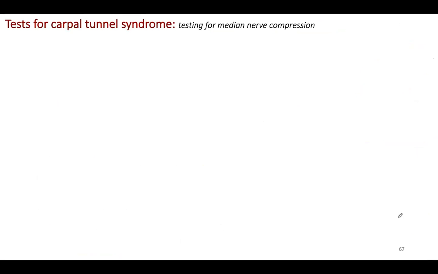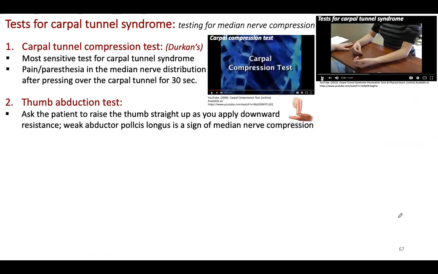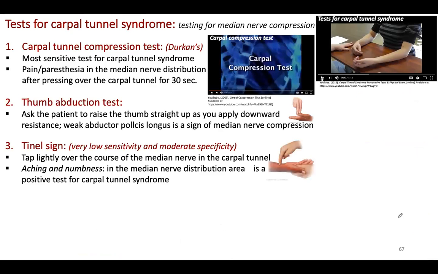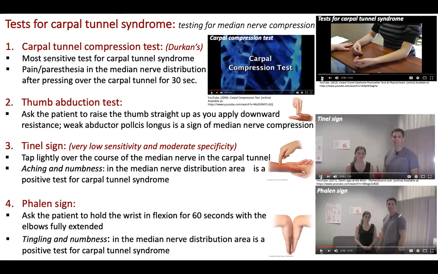Special tests for carpal tunnel syndrome. We have different tests: Durkan's thumb abduction, Tinel sign, and Phalen sign. By far, the most sensitive test for carpal tunnel is the carpal tunnel compression test, or Durkan test.